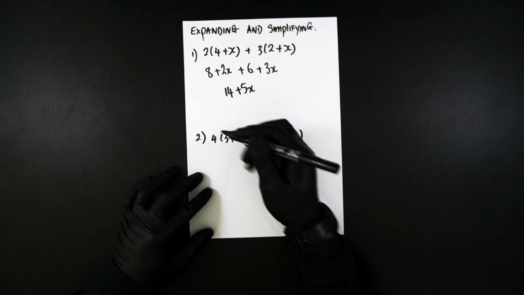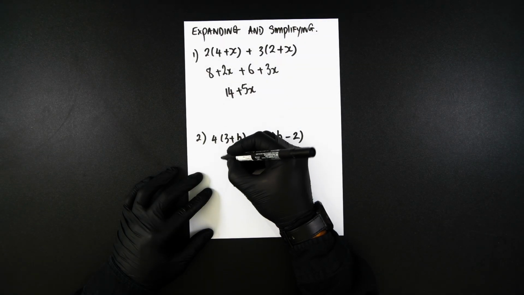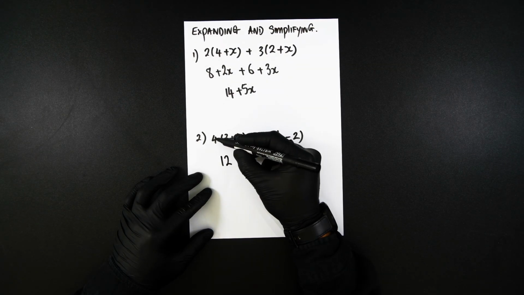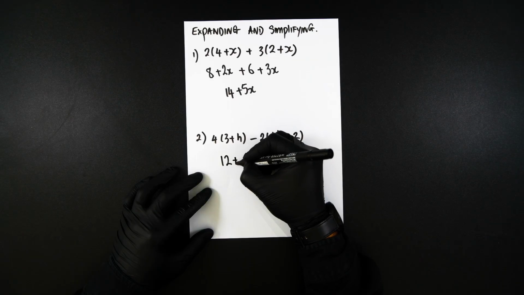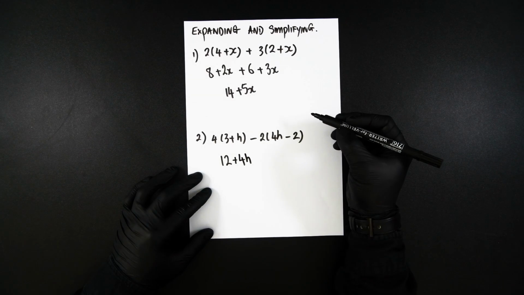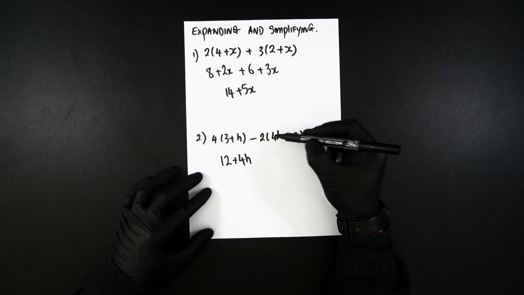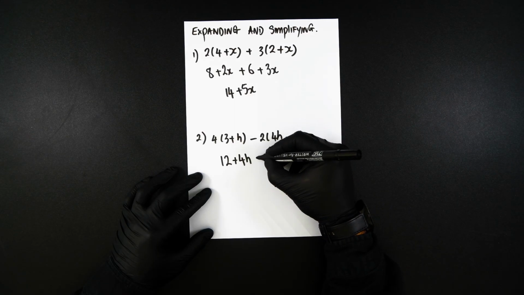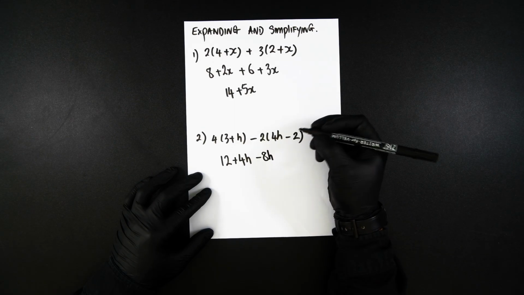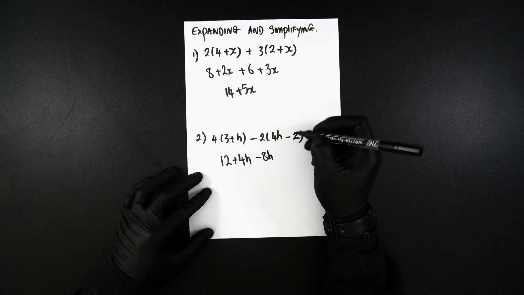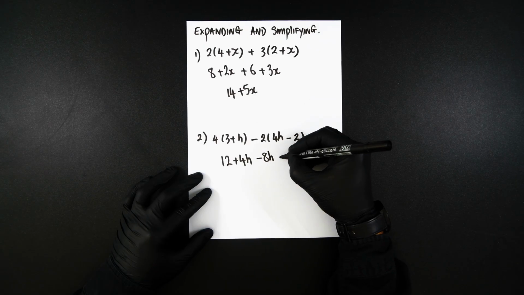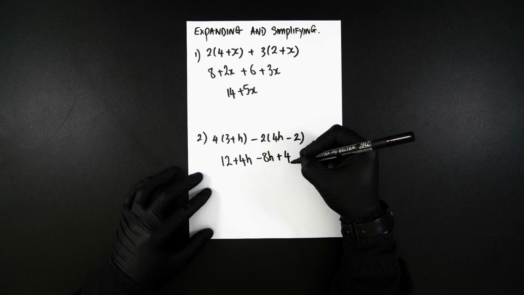Here we do the same thing again. 4 times 3 is going to be 12. And then 4 times h is plus 4h. We now have minus 2 times 4h. So minus 2 times 4h is going to be minus 8h. Minus 2 times minus 2 is going to be plus 4.